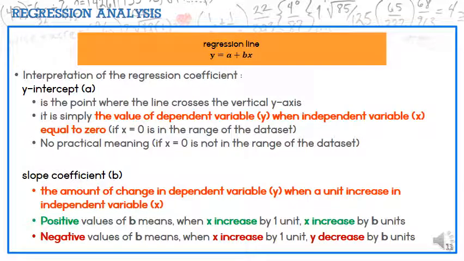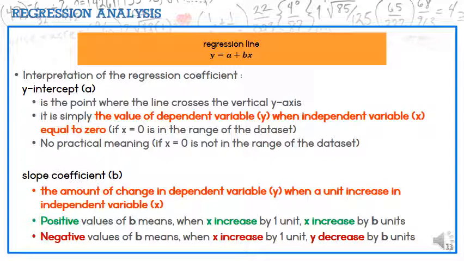So most of the time, the question will ask you to interpret your regression coefficient. So your regression coefficients will be A and B. So A is your y-intercept. What does y-intercept mean? Y-intercept is the point where the line crosses the vertical y-axis.